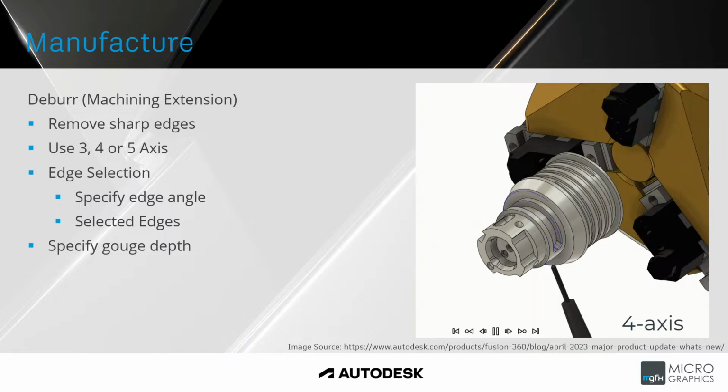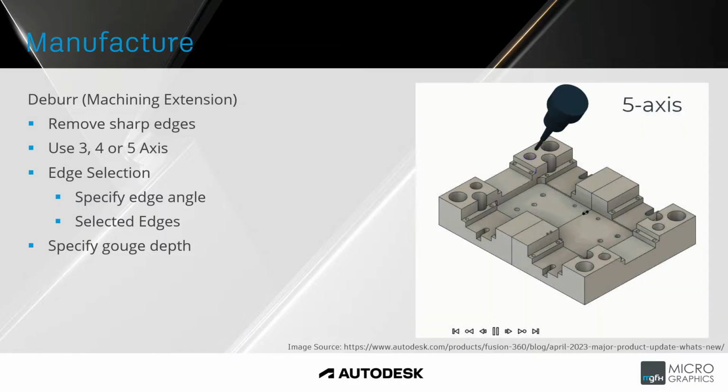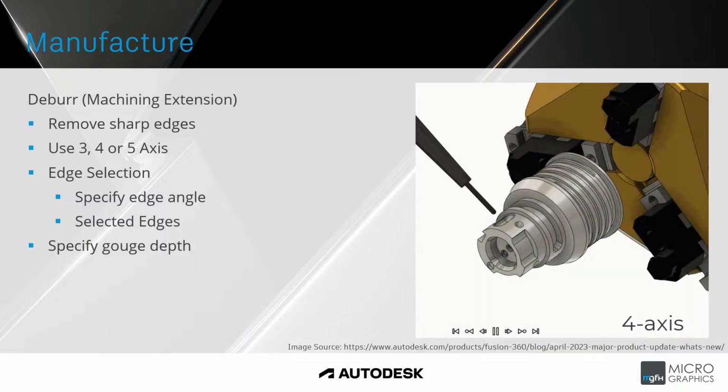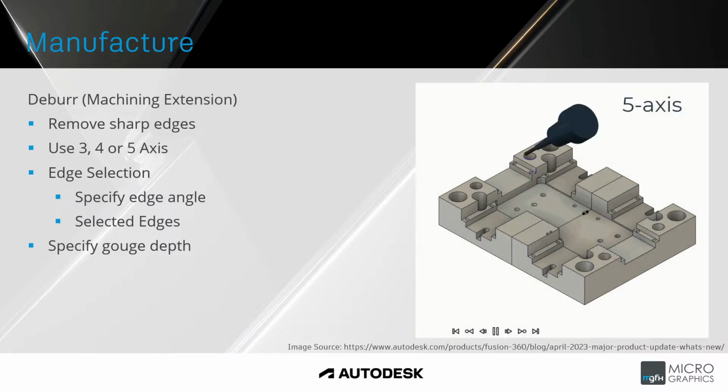You can specify that angle to limit the edges that will be deburred, or you can manually select. The specify edge angle is a nice way to automate this process so that you don't have to manually select all of the faces you want to deburr, or you can pick specific faces to deburr.